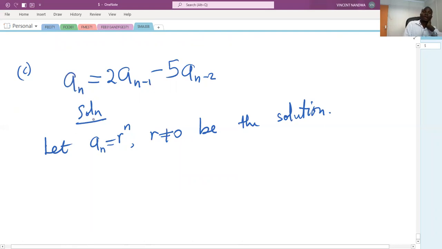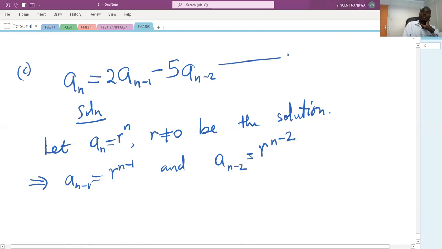Now, once we have fixed that, then that means a_(n-1) is r raised to power n minus 1, and a_(n-2) is r raised to power n minus 2.